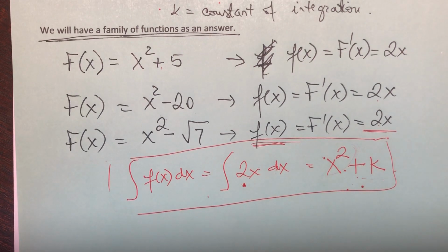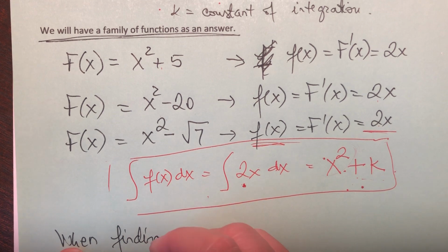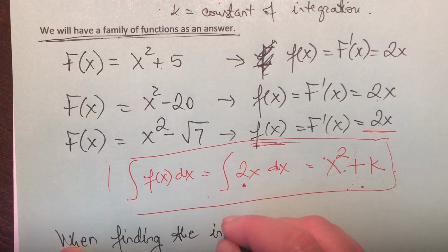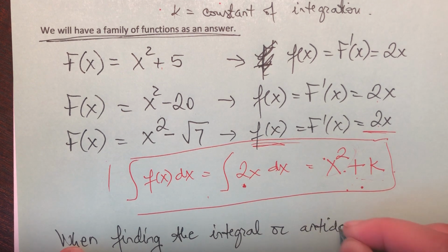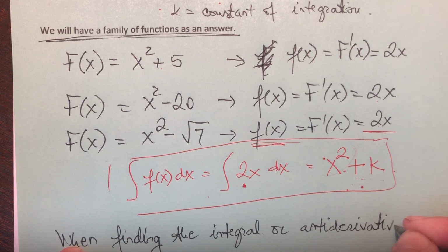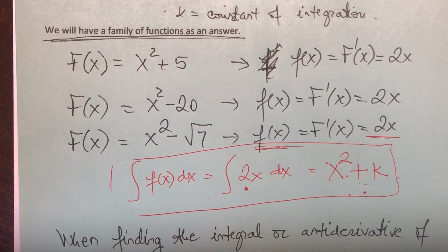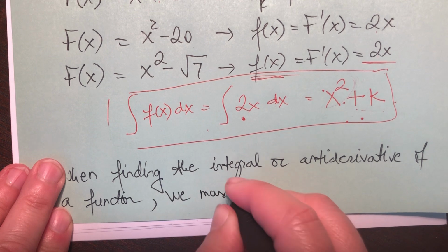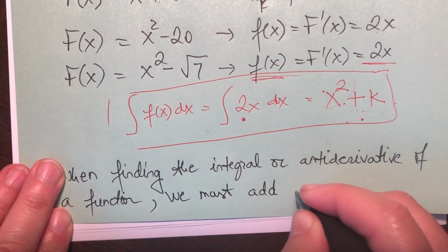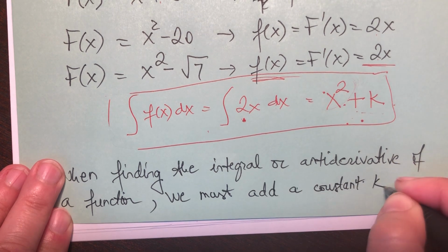So when finding the antiderivative of a function, or the integral, it's got 2 names, integral or antiderivative of a function, we must add a constant k to the answer.